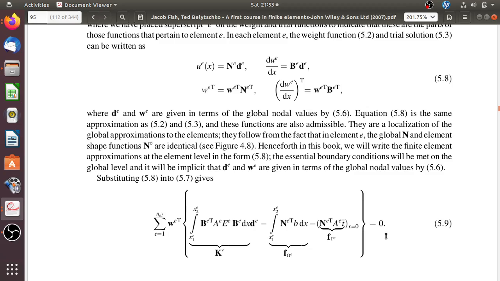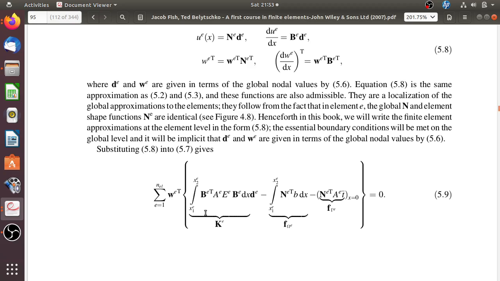Before that I will tell you the names which are used for representing this Ke and these things. This Ke represents the element stiffness matrix. Because this is a stiffness matrix, you will get a matrix.